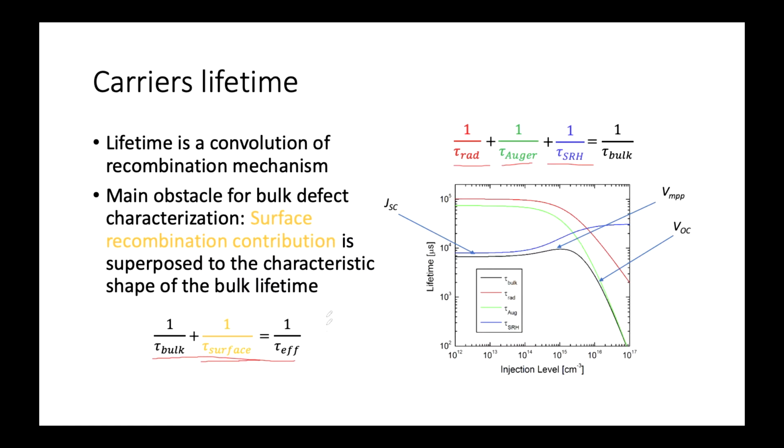Now, another important feature of the lifetime curve is that it shows important fundamental parameters of the solar cells, which are evaluated when the material is under different injection conditions.